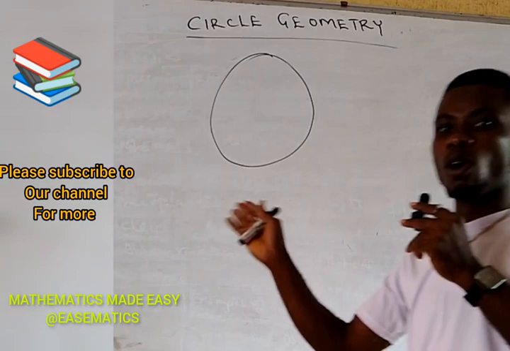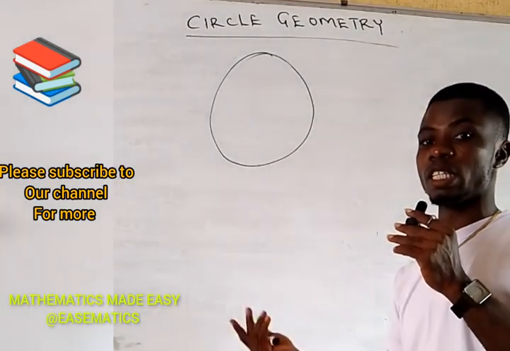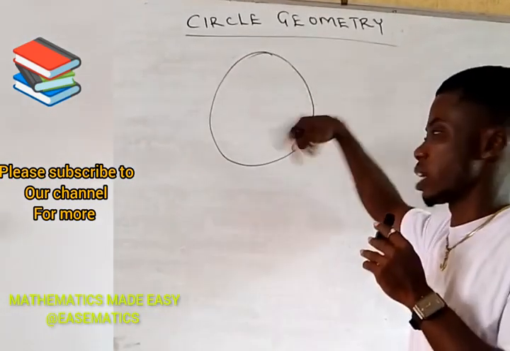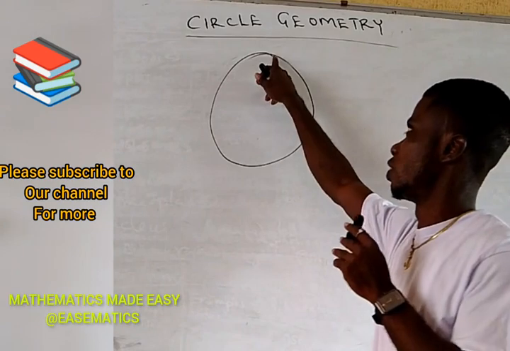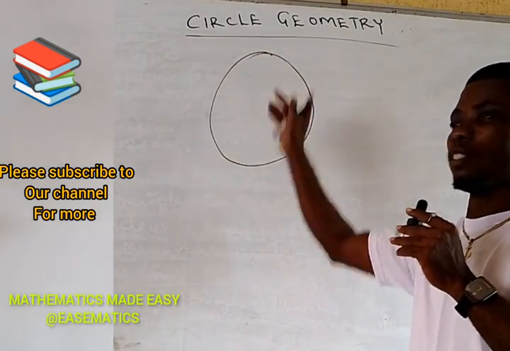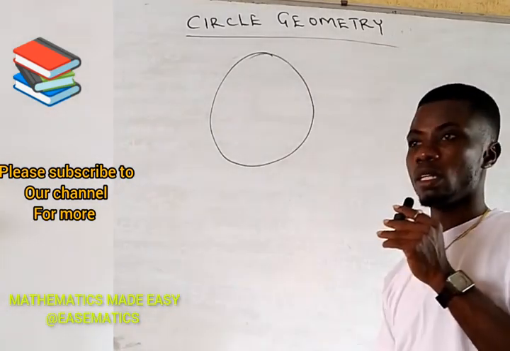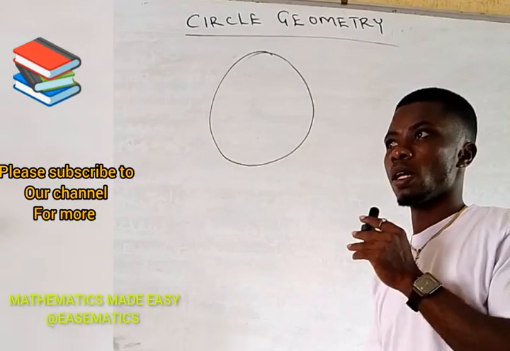You can use a football. A football is in circular form. You can use any other object that has just a round shaped body without any corners or any joining. There's no place, no edges. It just runs round. Such type of object is called a circle.